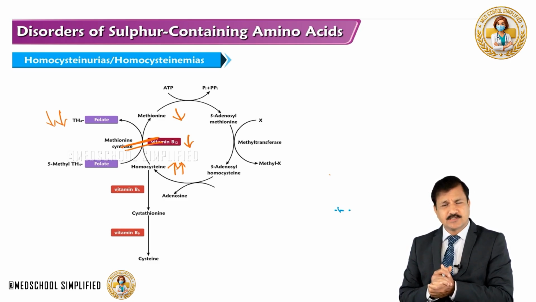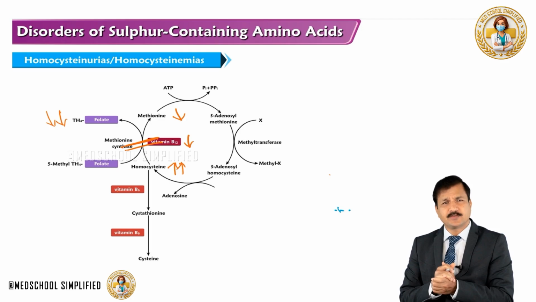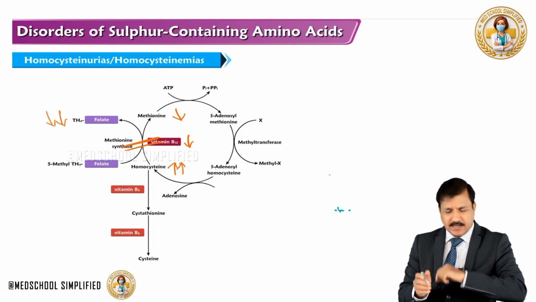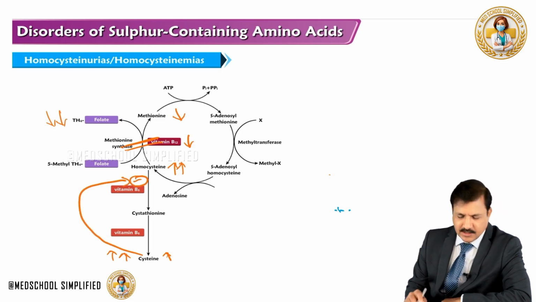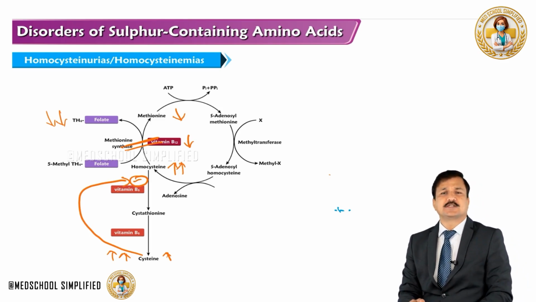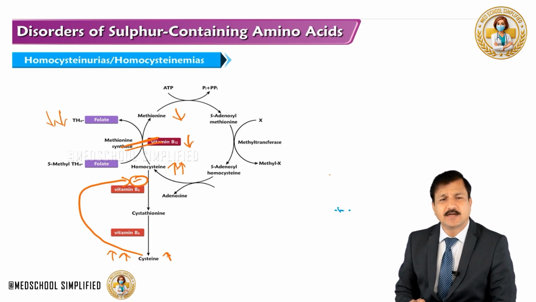To answer that question, homocysteine in fact will go into cystathionine formation, then into cysteine formation. But note that whenever there is an increase in cysteine in the cell, this cysteine will have a negative feedback effect on the cystathionine beta synthase enzyme. And note that cystathionine beta synthase is a regulated enzyme.